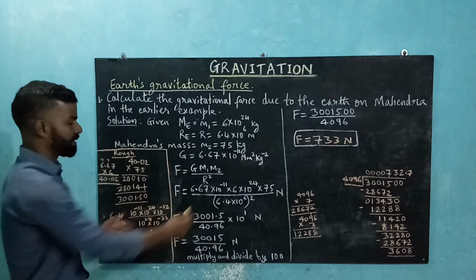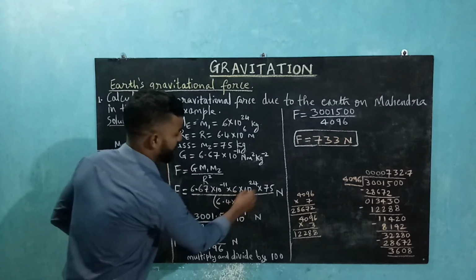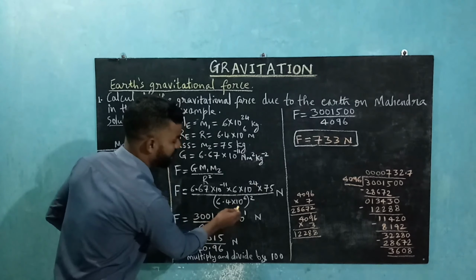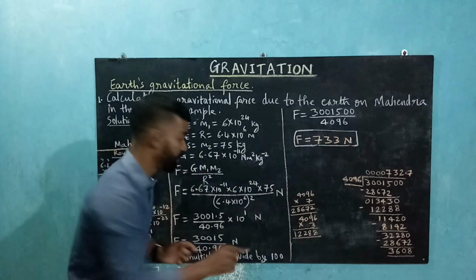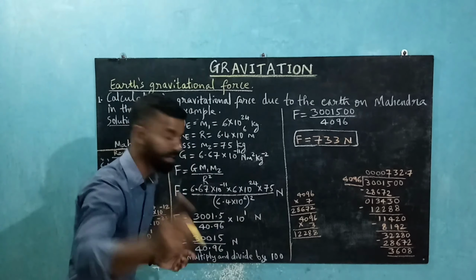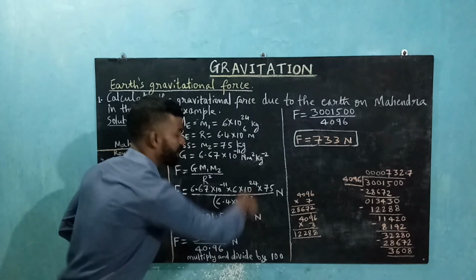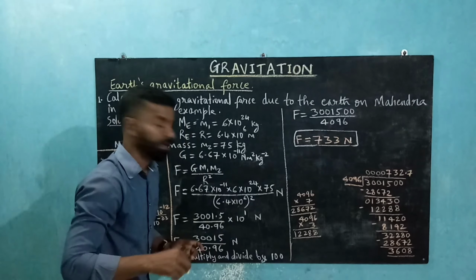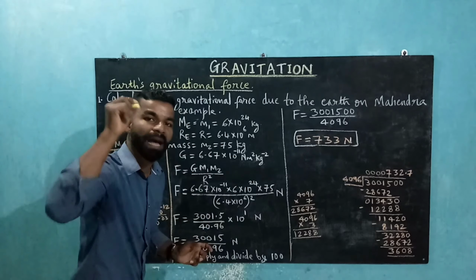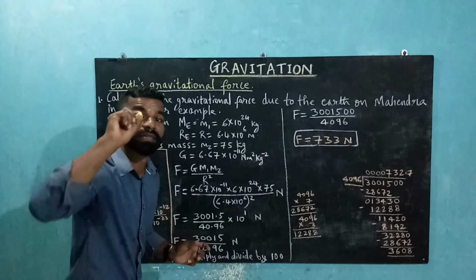And now the remaining things: 10 raised to minus 11, 10 raised to 24, and in the denominator 10 raised to 6 square, so that will become 10 raised to 12. Then this 10 raised to 12 when taken in the numerator will change the sign of the power, so it will become 10 raised to negative 12.